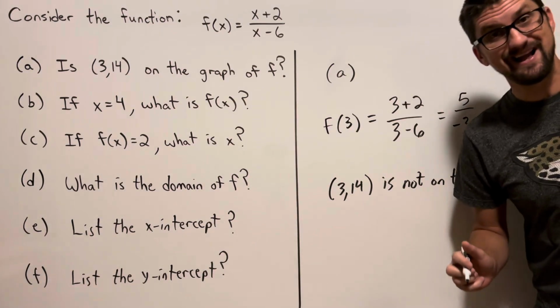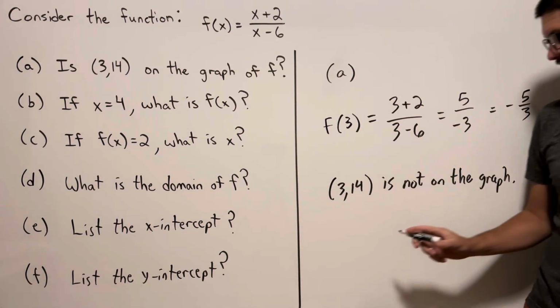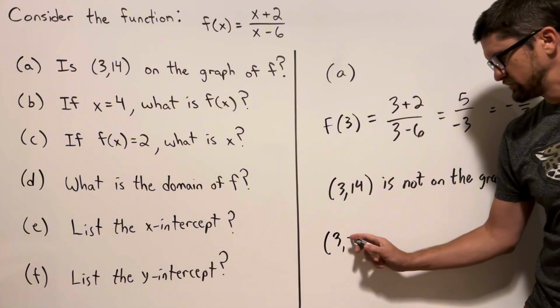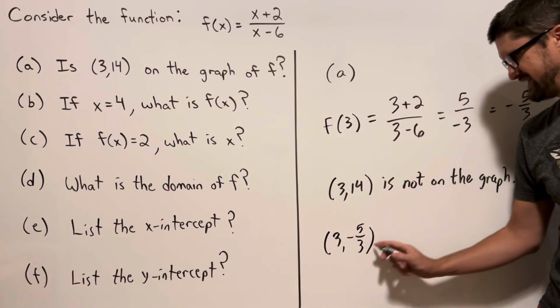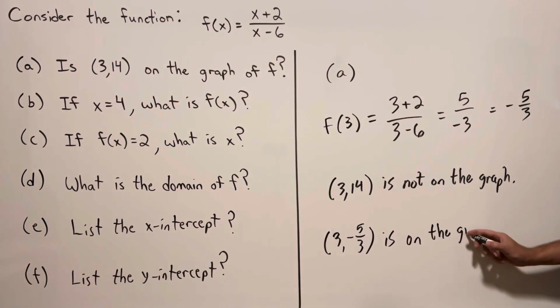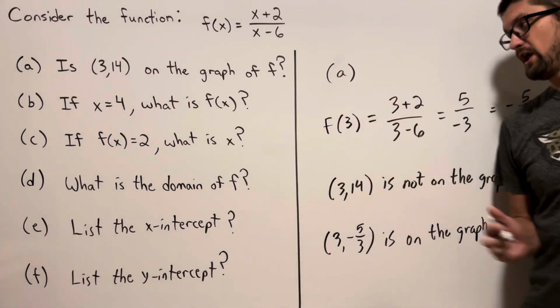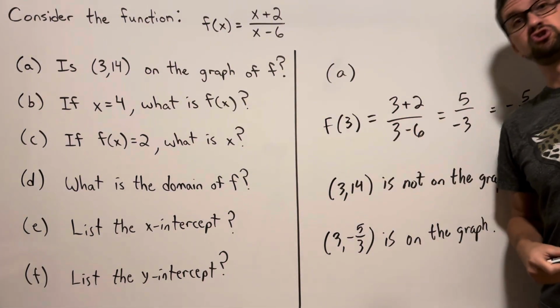But we did find a point that is on the graph, 3, negative 5/3. So 3, negative 5/3 is on the graph. All right, so the answer to part A is going to be no.